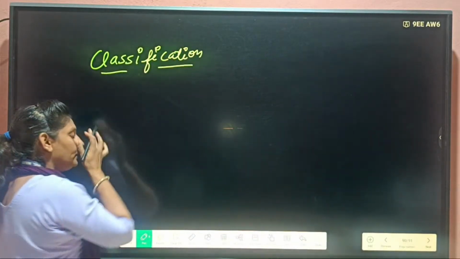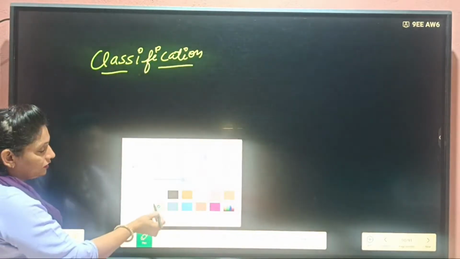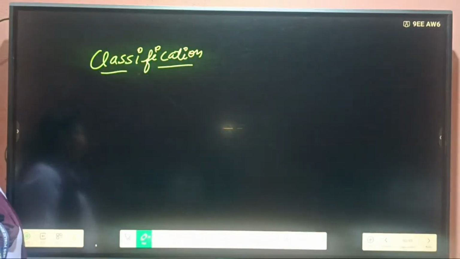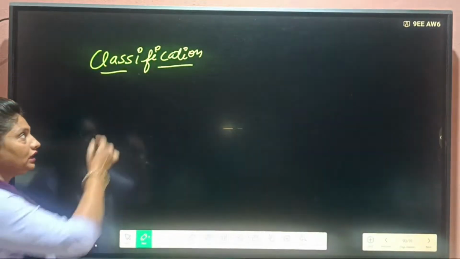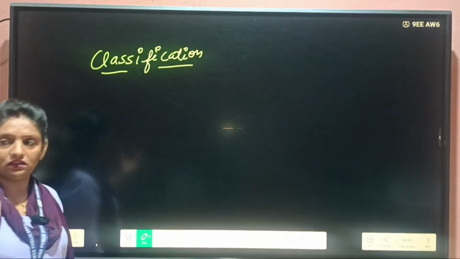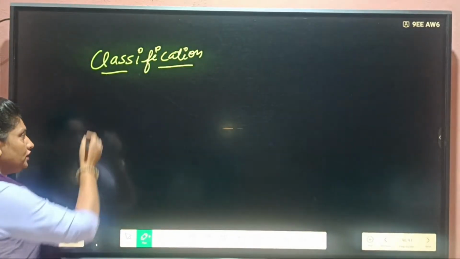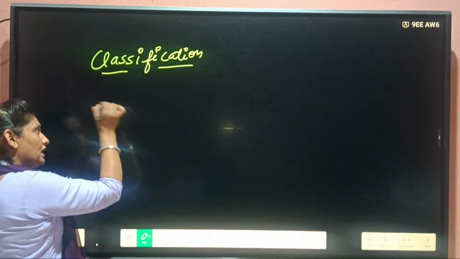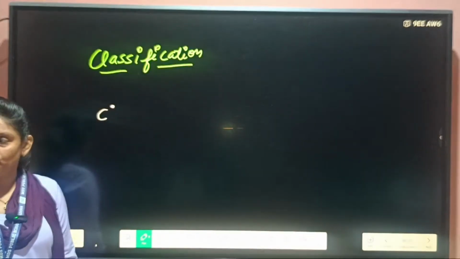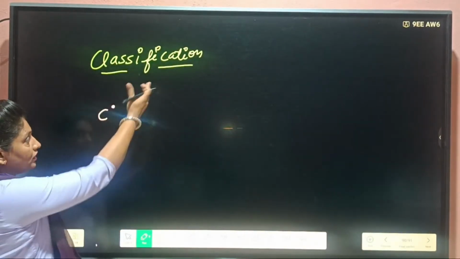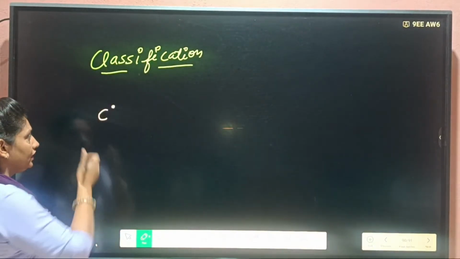We classified carbocation and carbanion into primary, secondary and tertiary. In the same way, we can classify free radicals also into primary, secondary and tertiary. Students, the carbon here has one odd electron, because we are talking about a free radical.